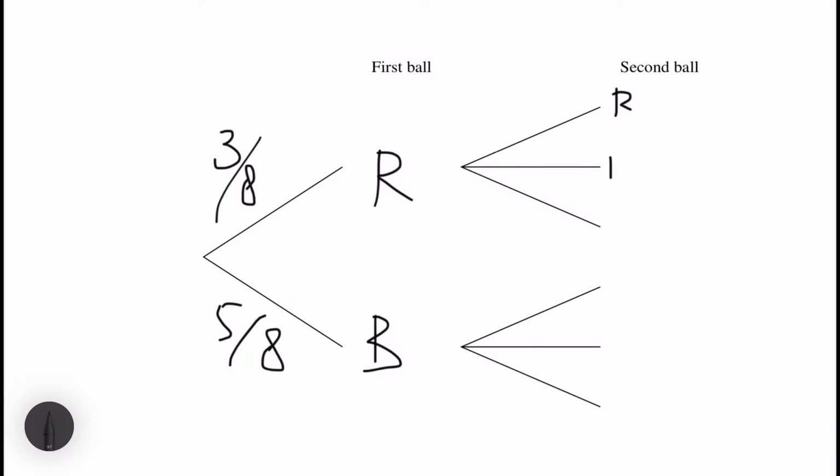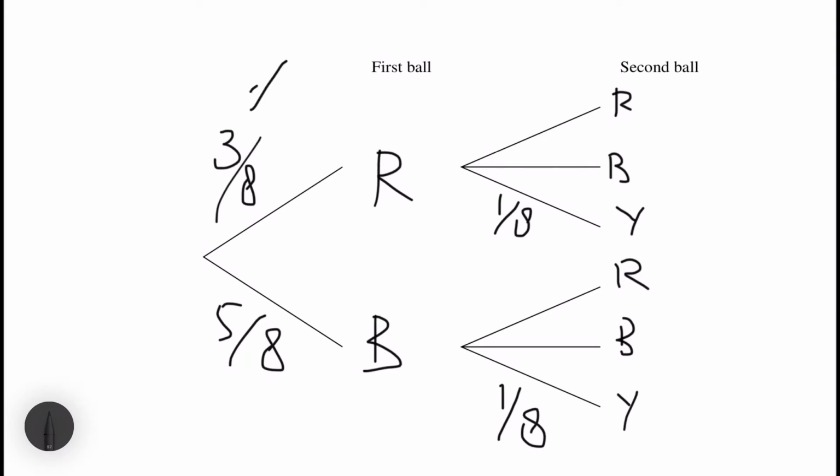Next we will have red, blue, and yellow. So for yellow, it will always be 1/8 because it's not taken or chosen at the first time it was taken. For the red ball, since we took one during the first ball, we'll only have 2 left, so 2 over 8.